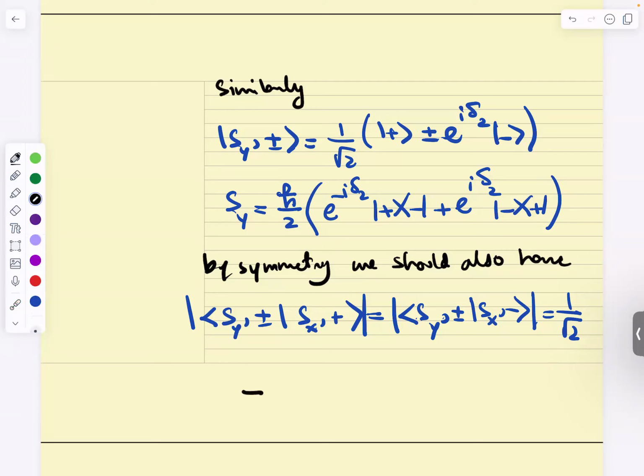So I did measurement S z followed by x, and I got probability half for these. But if this is S z S y, I get the same results. If this is S x S y, I get the same results. If you're not a believer, you could just do the experiment, and experimentalists do these experiments, and the result is just plus 1 minus 1.